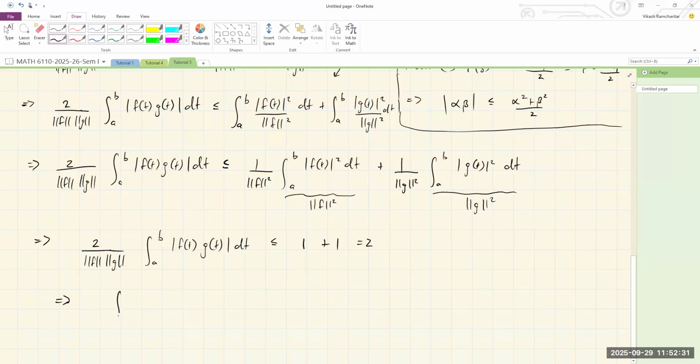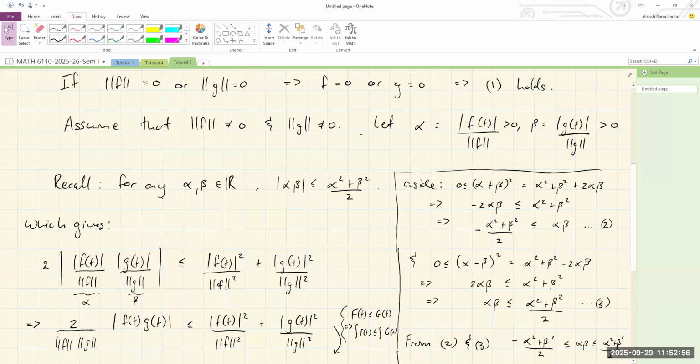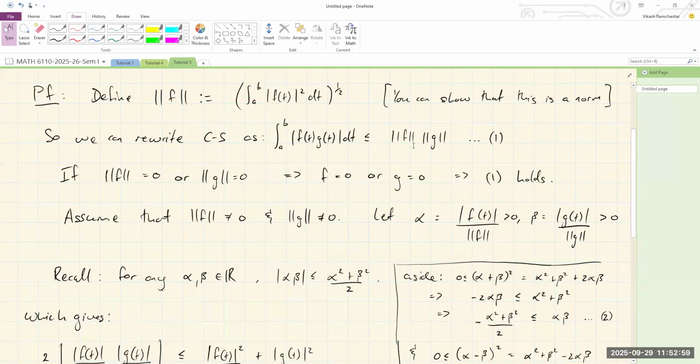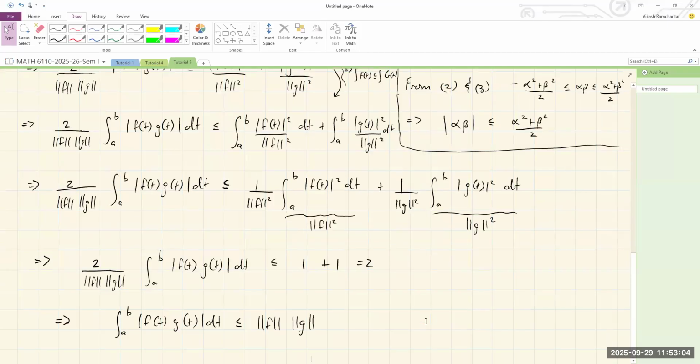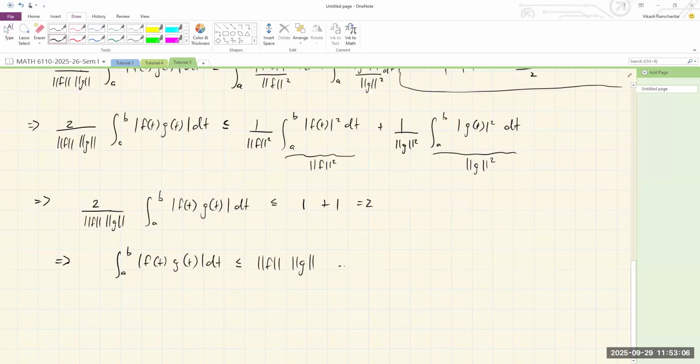There are a few little tricks in proving it, but once you remember the tricks, the actual arithmetic is a bit straightforward. So this is less than or equal to norm f, norm g, and I believe we call this 1. Yes, this is our inequality 1, which is the Cauchy-Schwarz inequality.